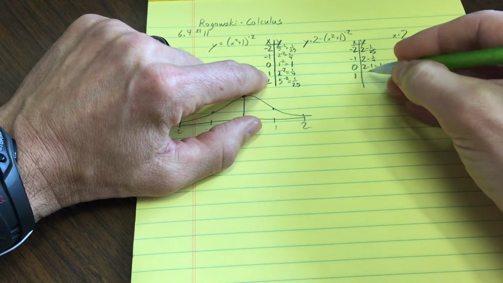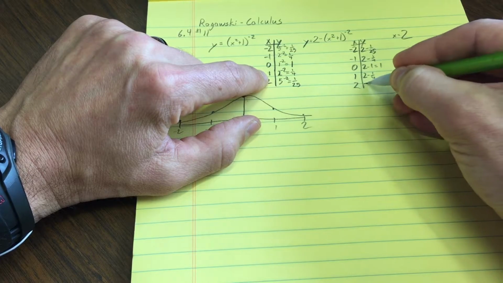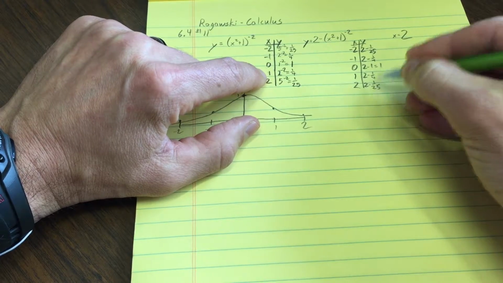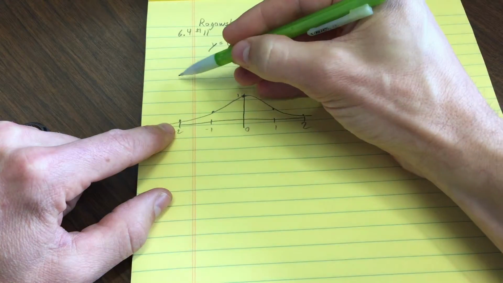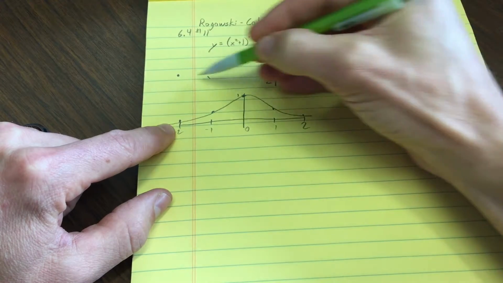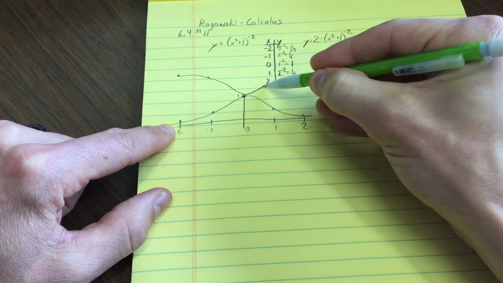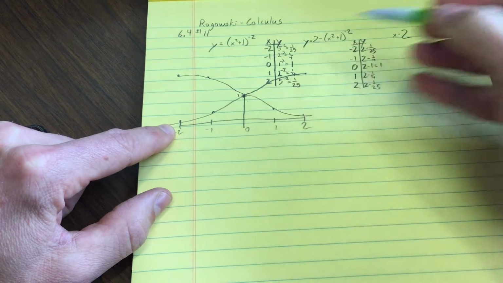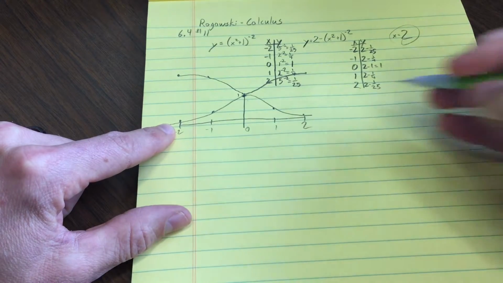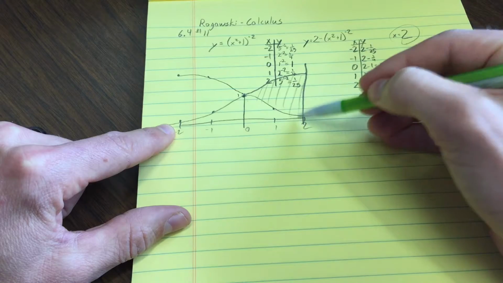At 1, it's 2 minus a 4th. At 2, it's 2 minus a 25th. So a lot of these values are really, really close to 2 up here. Then it comes down to that value, and then it comes back up. So we have a symmetric shape here, then x equals 2. Okay, so this is the region that we're looking at.